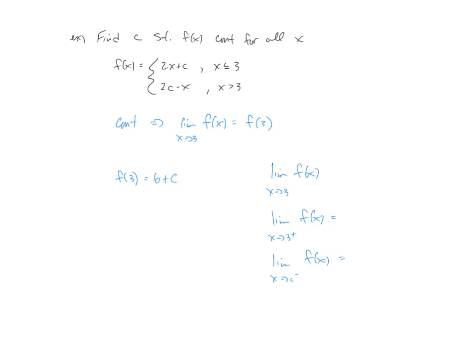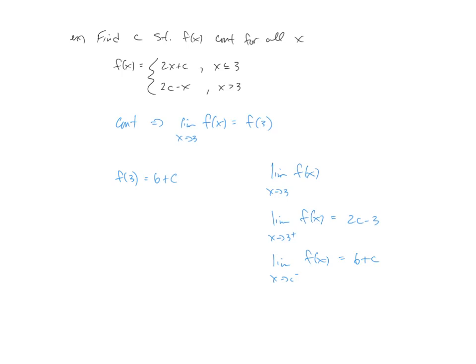The numbers bigger than 3 would come from this part of the piecewise function, right? So if I take my value of 3 and I plug it in here, that's going to give me a 2c minus 3. Now, if I come in from the left, now I'm taking numbers less than 3. I know that I'm going to have to go into this guy, which is going to give me my 6 plus c.